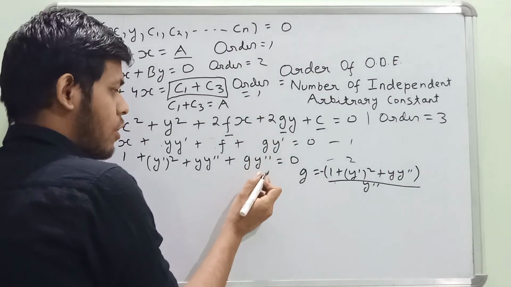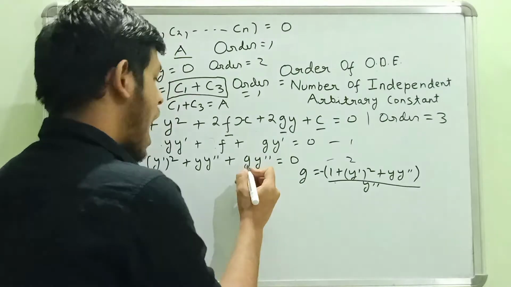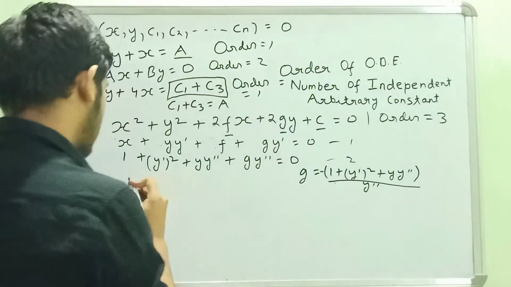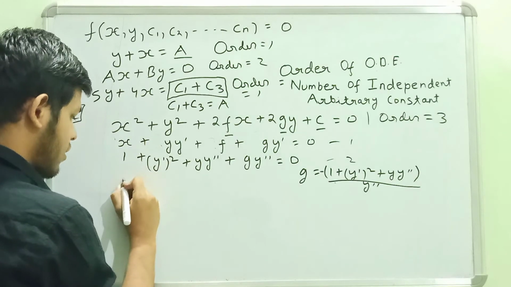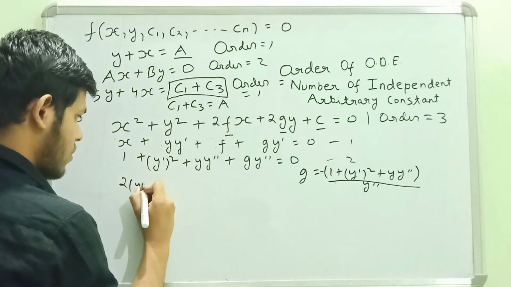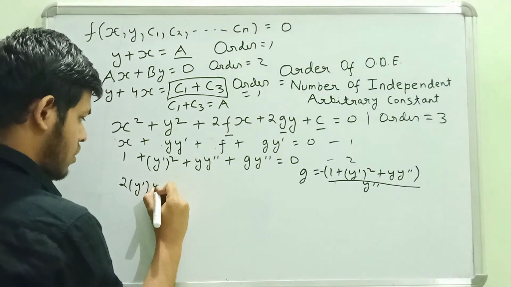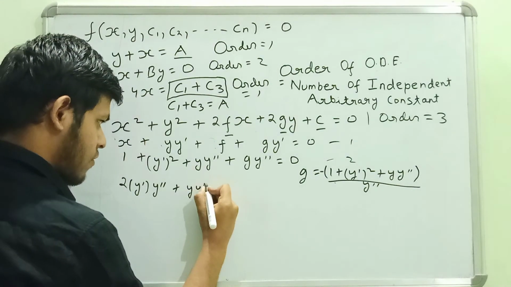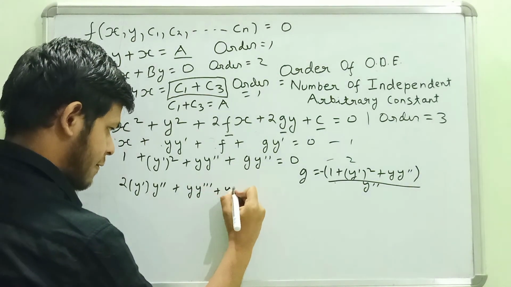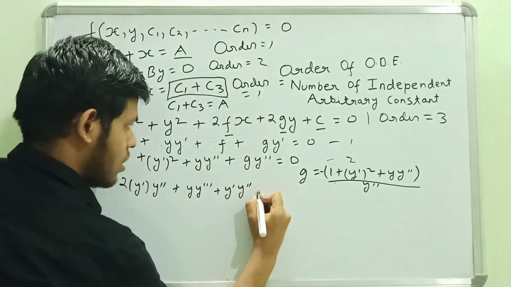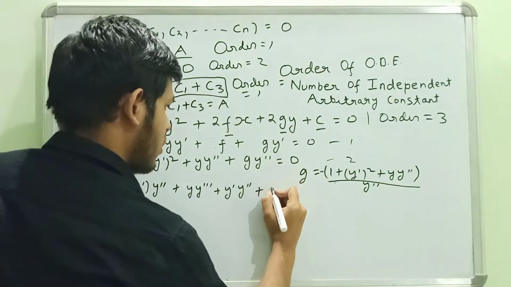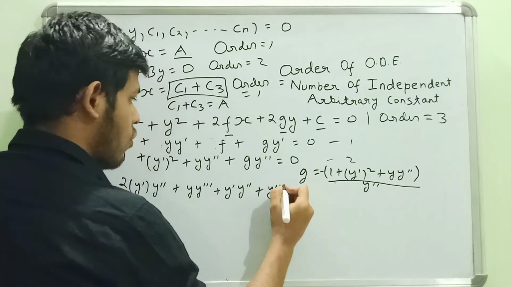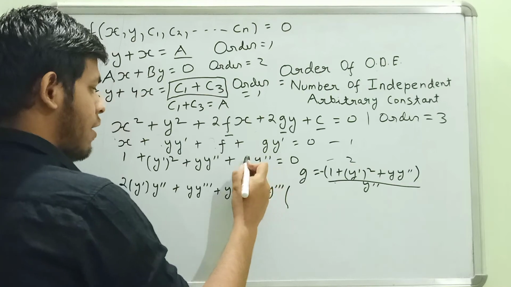So now, in the next step, we will try to eliminate our last arbitrary constant, which is g, because the other two are already eliminated. So now let's differentiate it again. Twice of this will become y triple dash, and now we are not going to put g here.